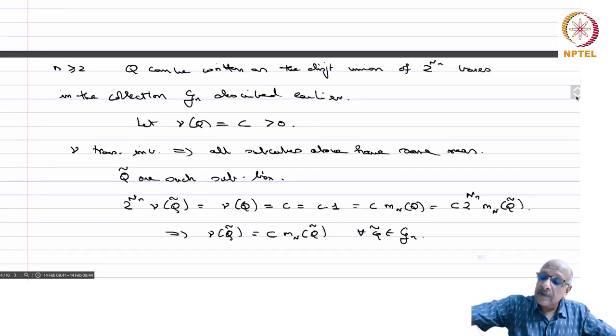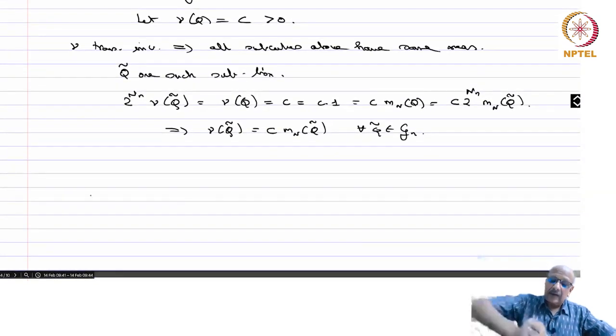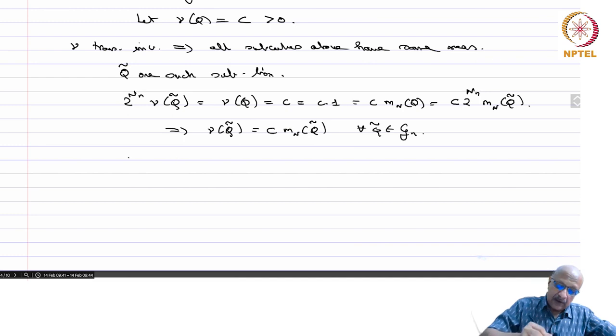But then we proved this lemma that every open set is a countable disjoint union of elements from the union of Gn.